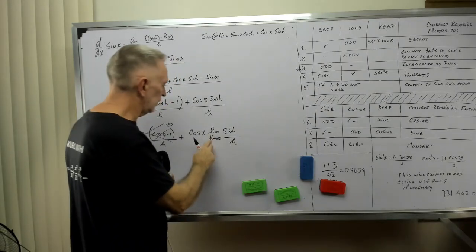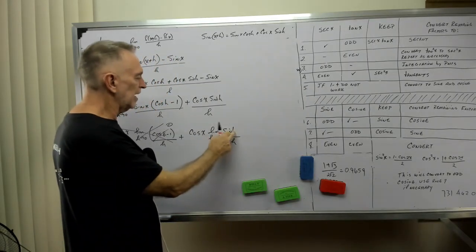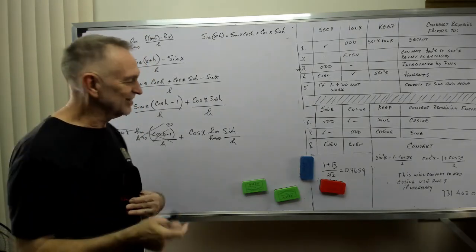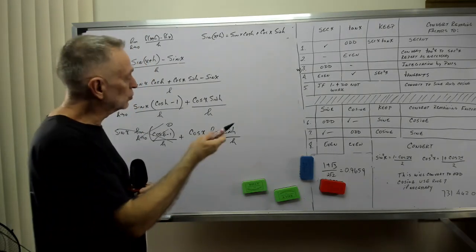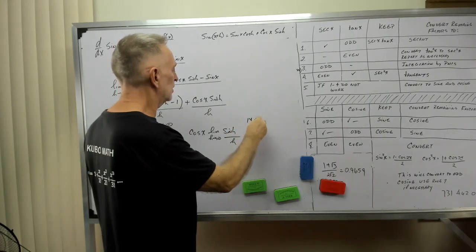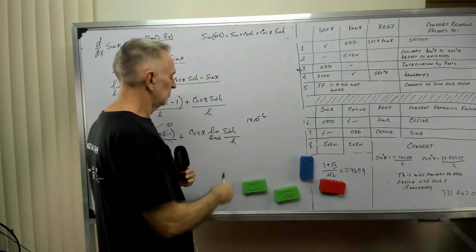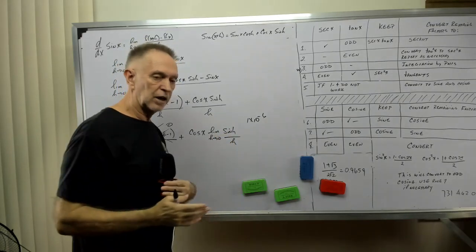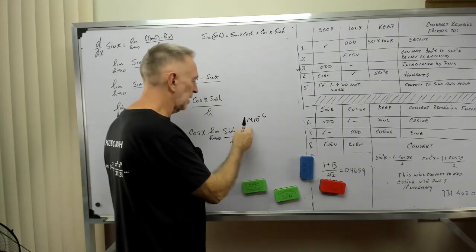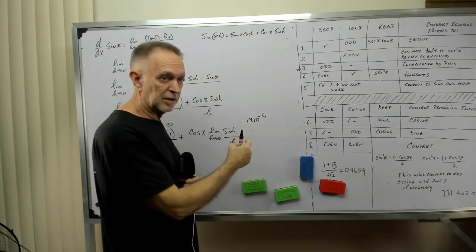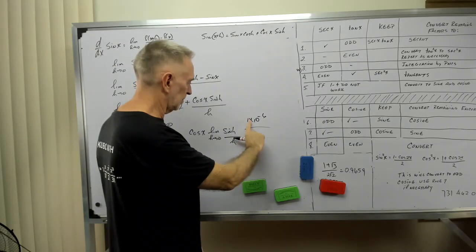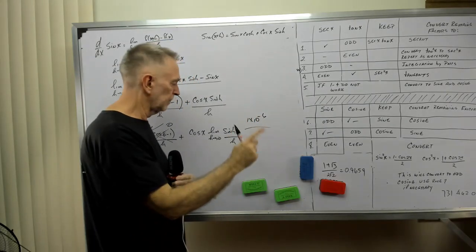Now, the limit as h approaches 0 of sine h over h is 1. That's not so obvious, but let's assume h is 1 times 10 to the minus 6. Put your calculator on radians. The sine of 1 times 10 to the minus 6 is 1 times 10 to the minus 6, and that divided by 1 times 10 to the minus 6 is 1.